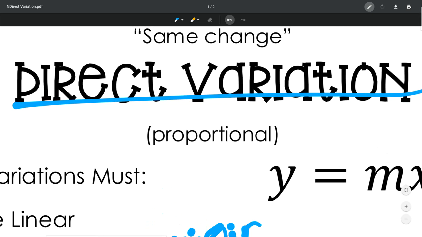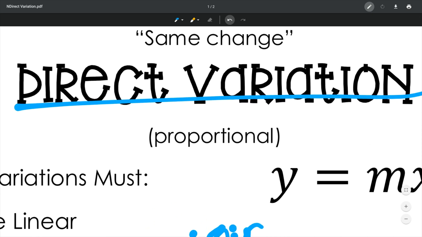And then this origin right here, the 0, 0, proportional, the word itself actually reminds you that it's going through the origin, which is 0, 0.